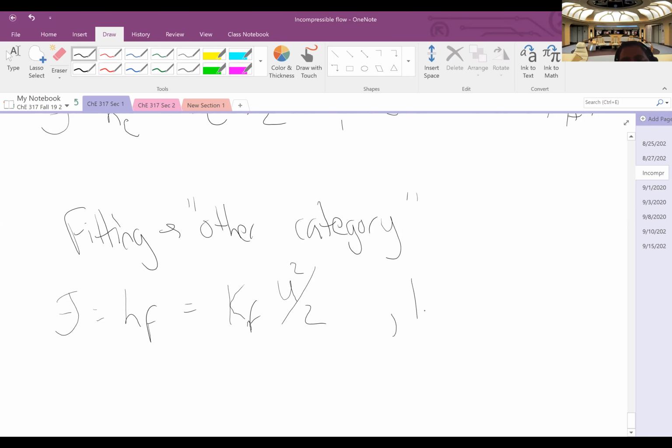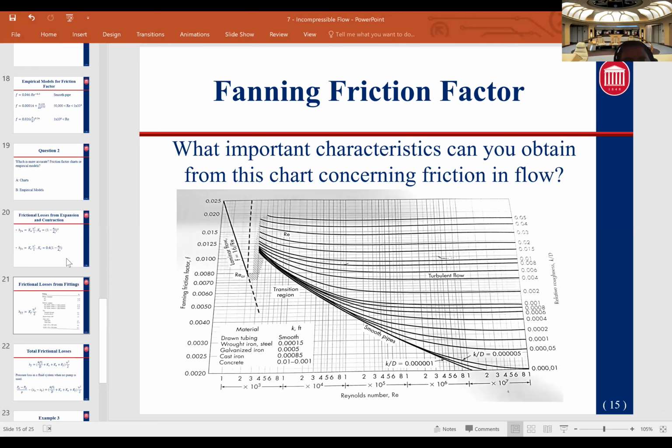But K_F depends on the fitting. And so what we use is our handy dandy charts to estimate fitting losses in our system.